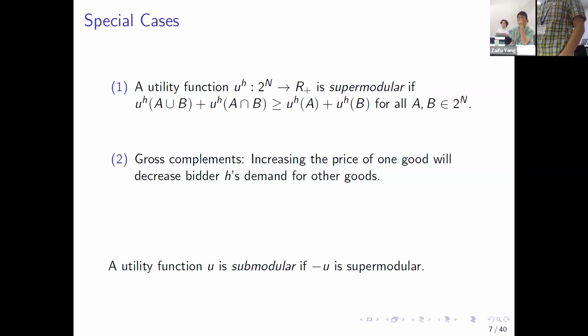Okay, then some special cases we can think about is supermodularity. So supermodular means the marginal value of atoms is increasing. And you also have gross complements. So increasing the price of one atom will decrease agents' demand for other atoms.